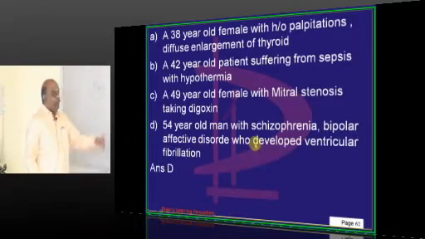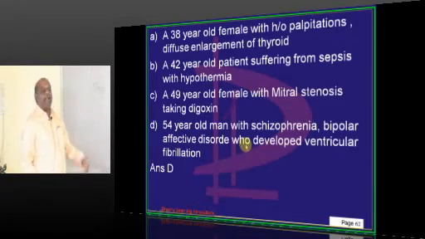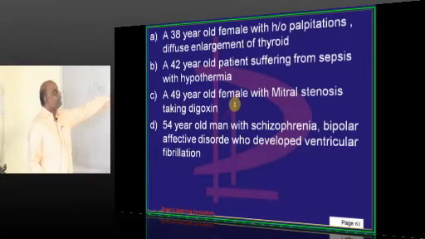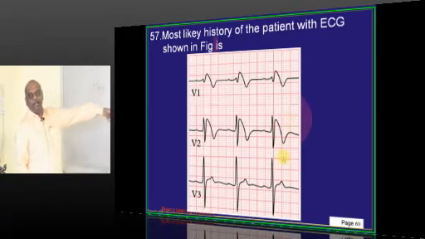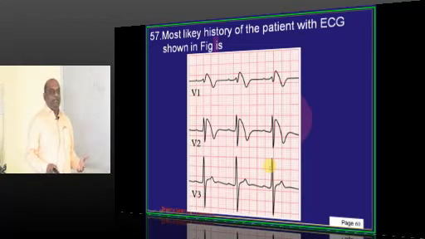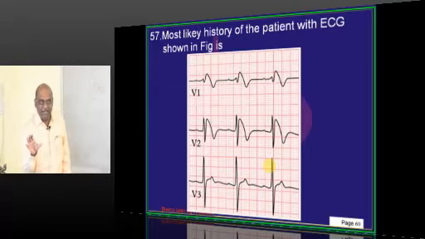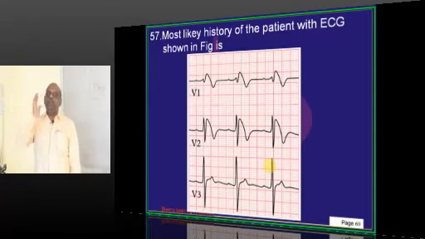So, a 54-year-old with schizophrenia and bipolar affective disorder, especially if the patient has Brugada syndrome, generally they don't die simply like that. But the presence of Brugada is a risk factor. If the patient takes drugs like tricyclic antidepressants, etc., they will suddenly develop ventricular fibrillation and die.